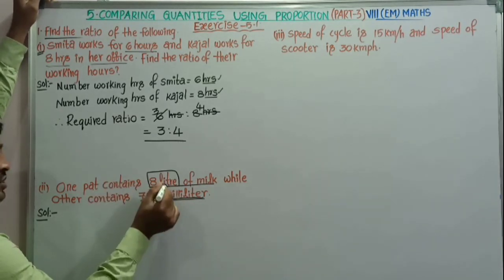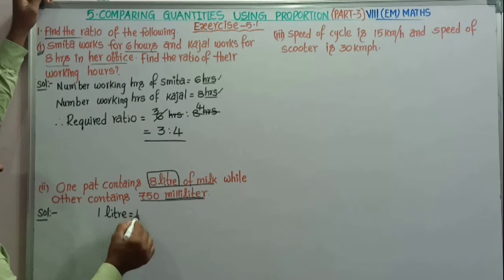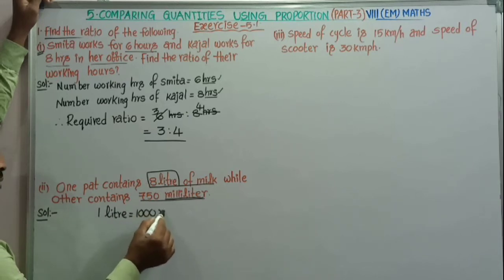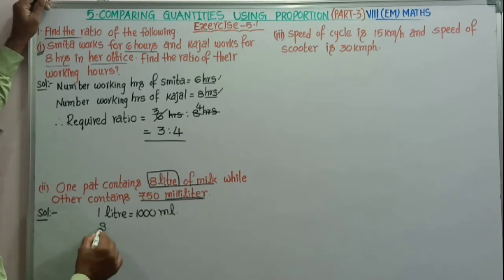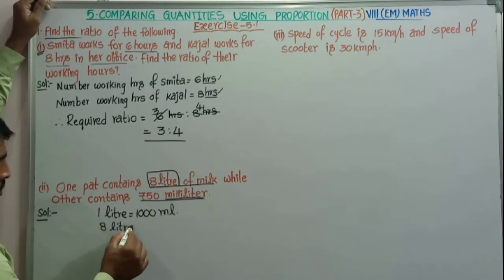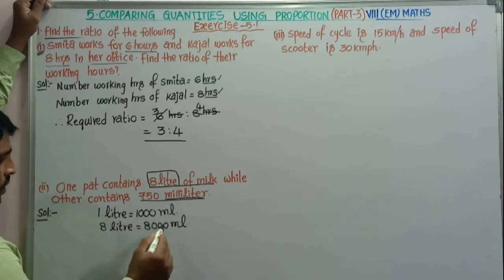So we have to change liters into milliliters. We know that 1 liter equals 1000 milliliters. So 8 liters equals 8000 ml.